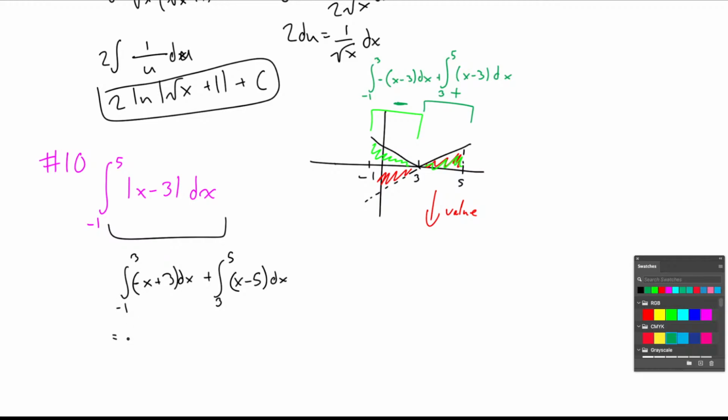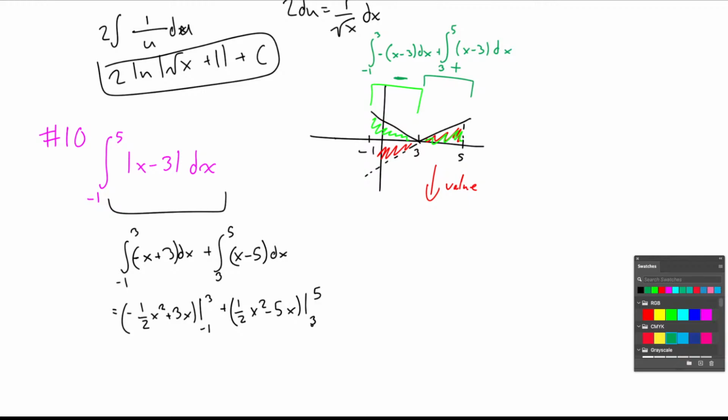We get -1/2 x squared plus 3x plus 1/2 x squared minus 5x from 3 to 5.